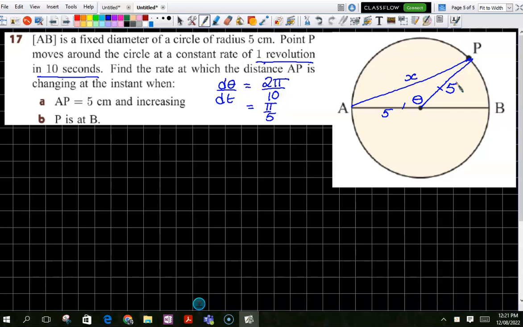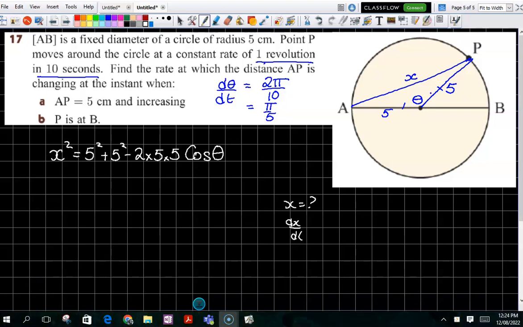Oh, geez. It's nearly past. Okay, at past I'm going to have to move on. So if you differentiate this, I might as well do it. 2x dx by dt. Derivative of constant, 0. 25 times 2 is 50, so that's going to be minus 50.